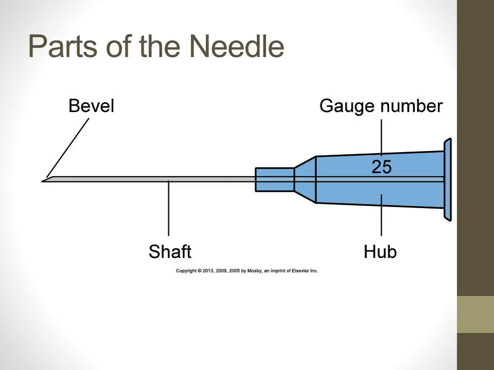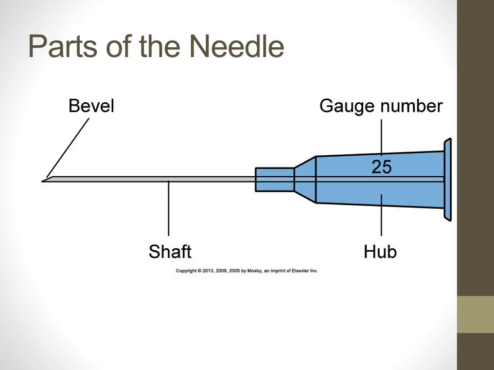These are the parts of the needle. The angled end is called the bevel. Depending on the method of administration, you want the bevel up or down. The length of the needle is called the shaft. And if you look at the color of the hub of the needle, that can give you an indication of the size.